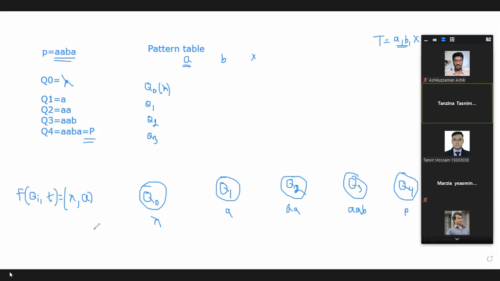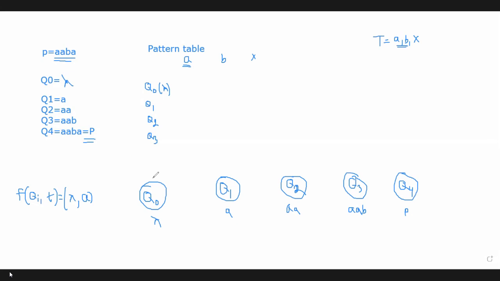The value is lambda A. Initially that substring was empty.